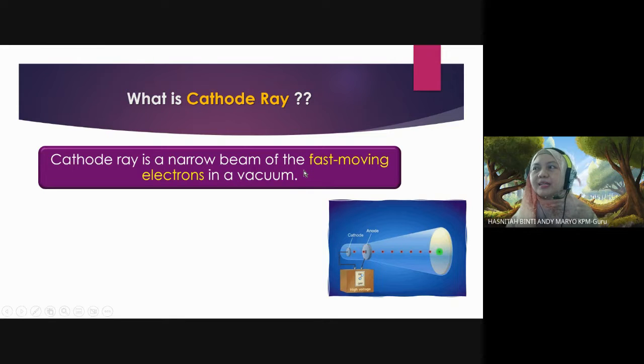The keyword is fast moving electrons. A group of electrons which move at high velocity in a vacuum, that is cathode ray. A normal electron we do not call a cathode ray. Only when they are moving at high speed in a vacuum do we call that movement cathode ray.